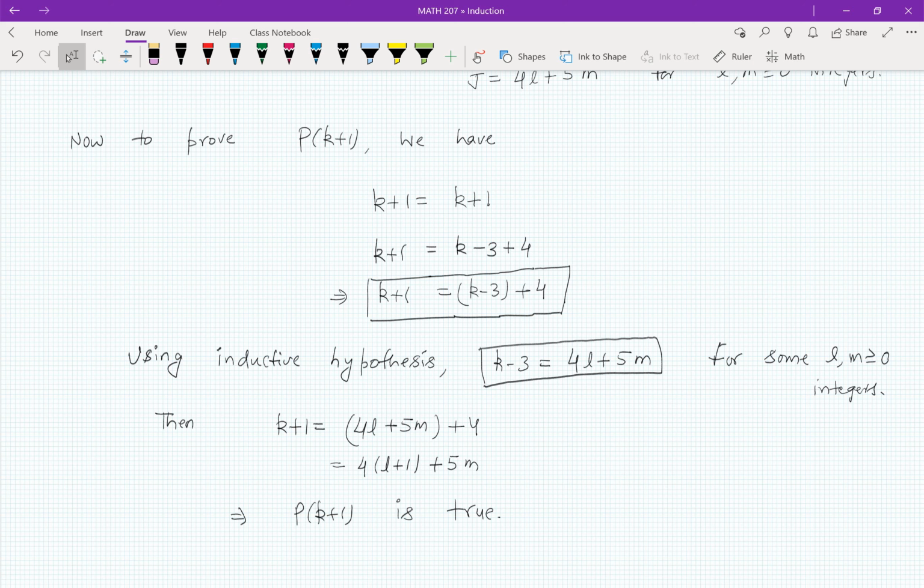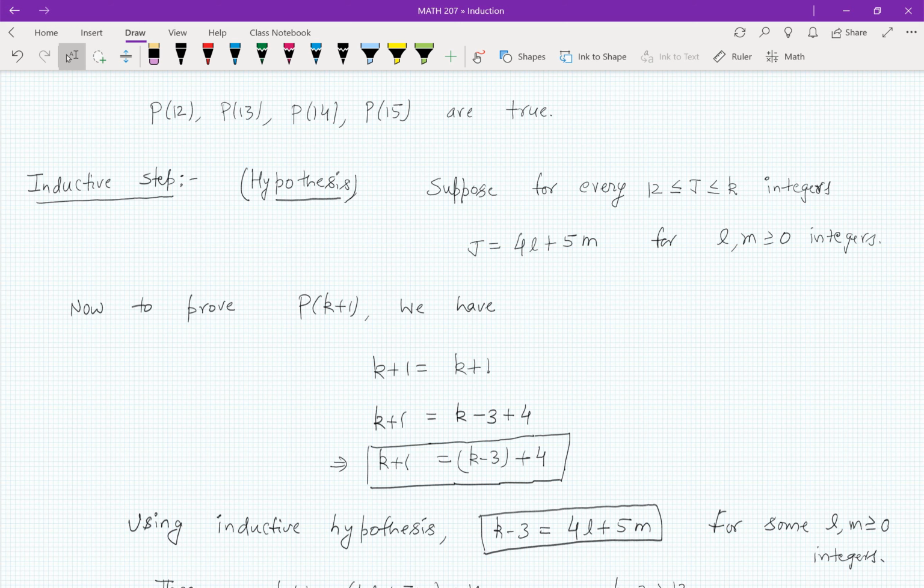Now if you look at your inductive hypothesis, where you have used that k minus 3 can be written as 4 times L plus 5 times M, here you have used the condition that k minus 3 is greater than or equal to 12, and this implies that k is greater than or equal to 15, and this implies that k plus 1 is greater than or equal to 16. Okay, so we are analyzing this case to prove the statement for k plus 1 when k plus 1 is greater than or equal to 16.